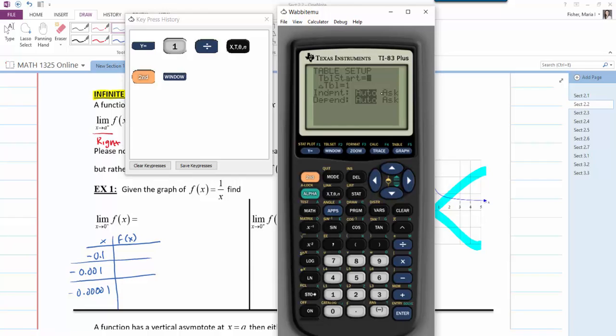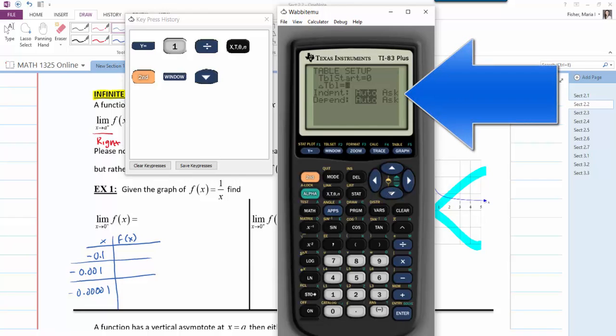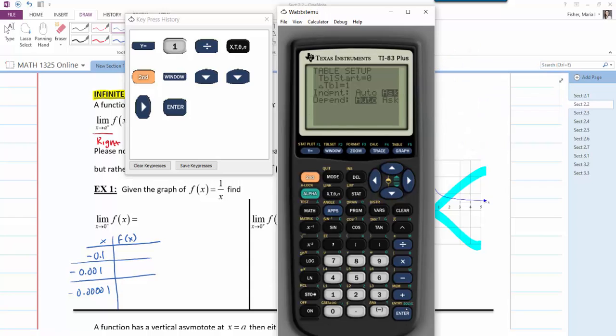I just need to make sure that I change that independent variable. So I'm scrolling down to independent variable, and instead of auto, I'm going to scroll over to ask and hit enter. Then I hit second and graph for the table. This is just a quick way for us to plug in all this information, and we're going to be doing this often using the graphing calculator.